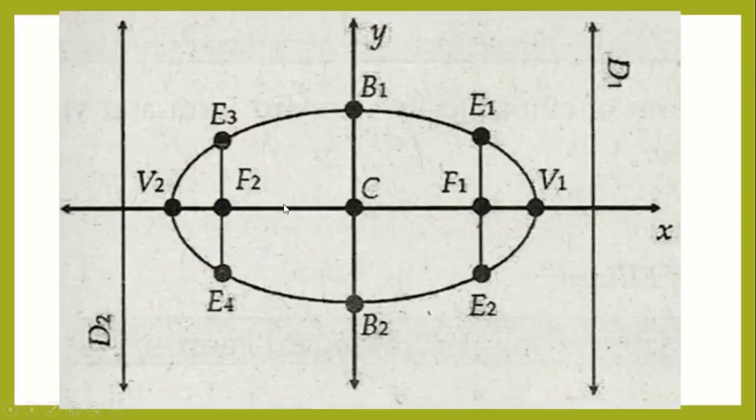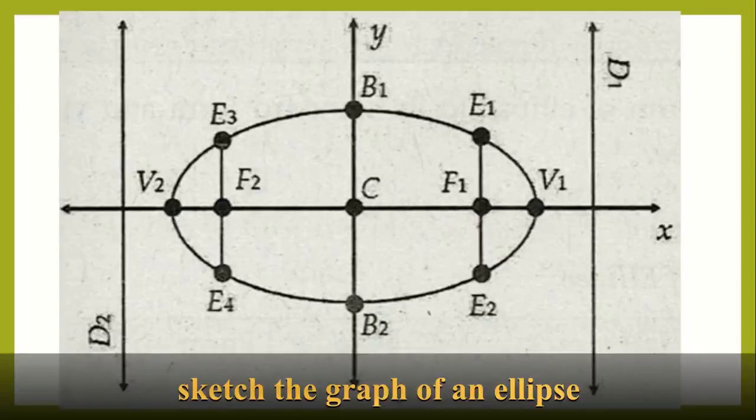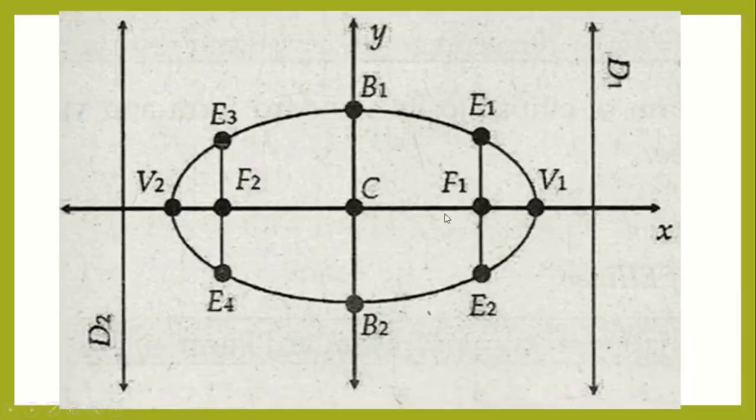So, ito na yung ating mga points ng ating ellipse na ating aalamin in order for us to illustrate the graph of an ellipse. Ano-ano yung mga yon? We have the vertices V sub 1, V sub 2, the center. We have the foci F1, F sub 2, we have ends of the minor axis, B sub 1, B sub 2.